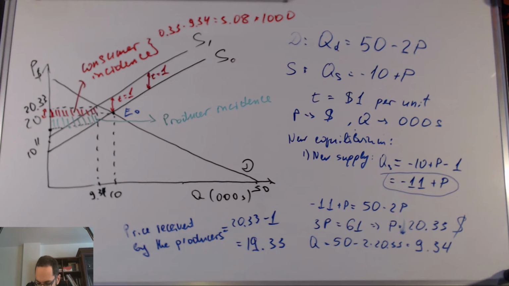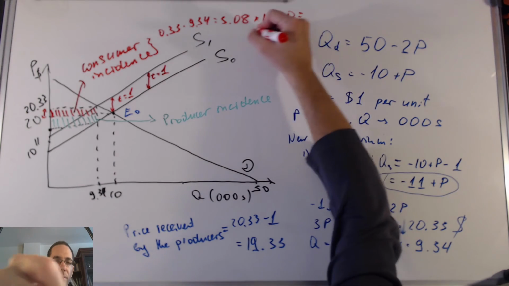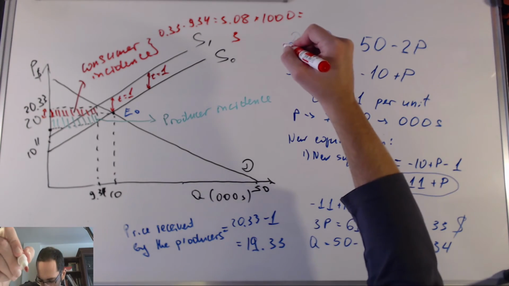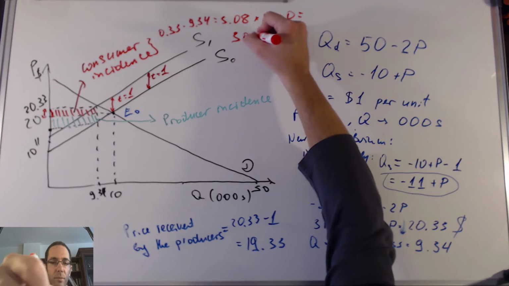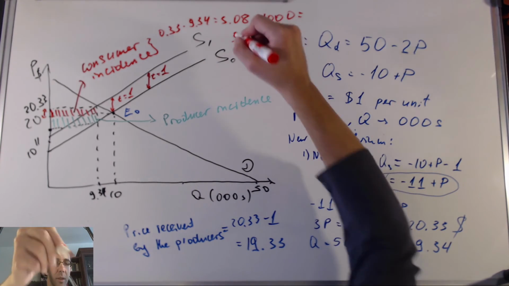So we multiply this, and we get 3,082 approximately.